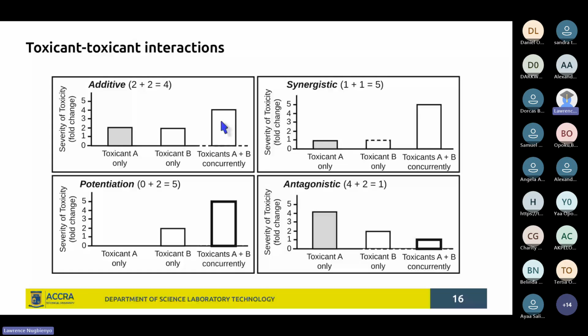So that's why we have here 2 plus 2, for instance, equal to 4. It means the effect you feel for A is added to the effect felt for B. That becomes the toxic effect when you are exposed to A and B concurrently. And that is what is referred to as additivity, sometimes also referred to as summation effect.